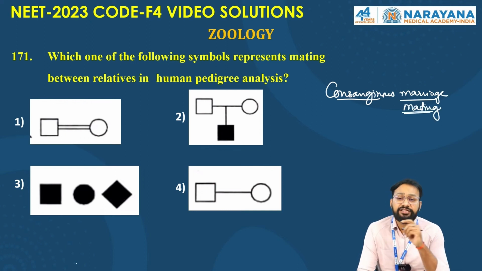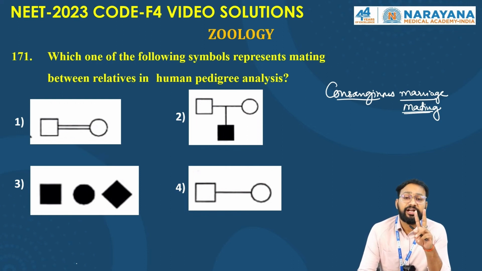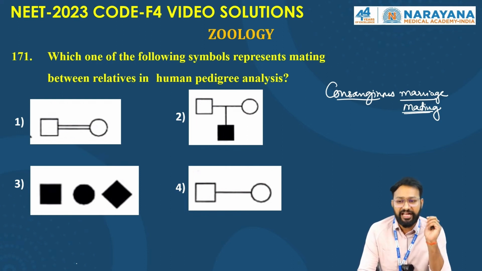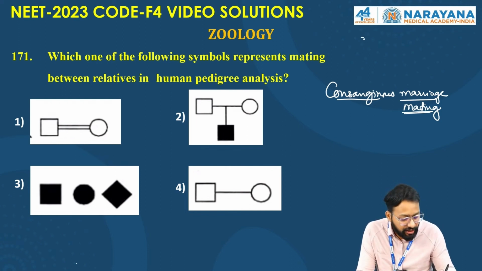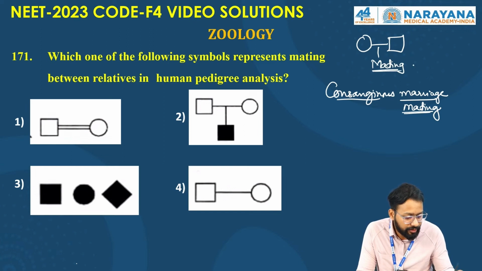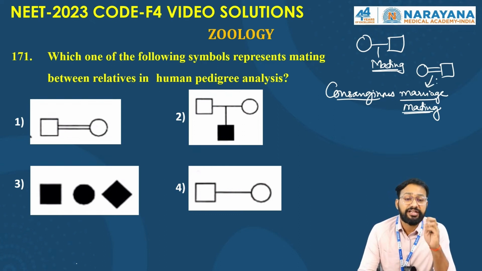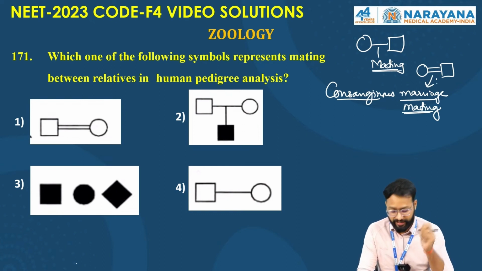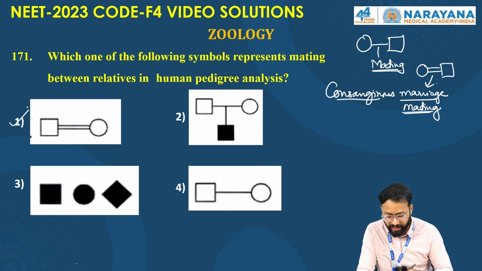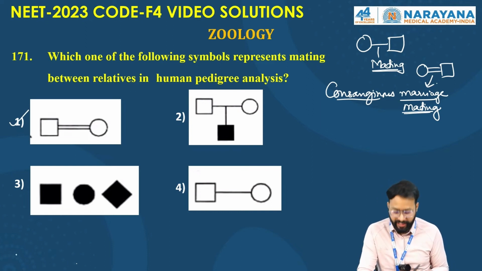Consanguineous mating is represented by two lines between a male and a female. A single line represents mating, whereas a double line represents consanguineous mating, mating between closely related individuals. So the option should be 1.